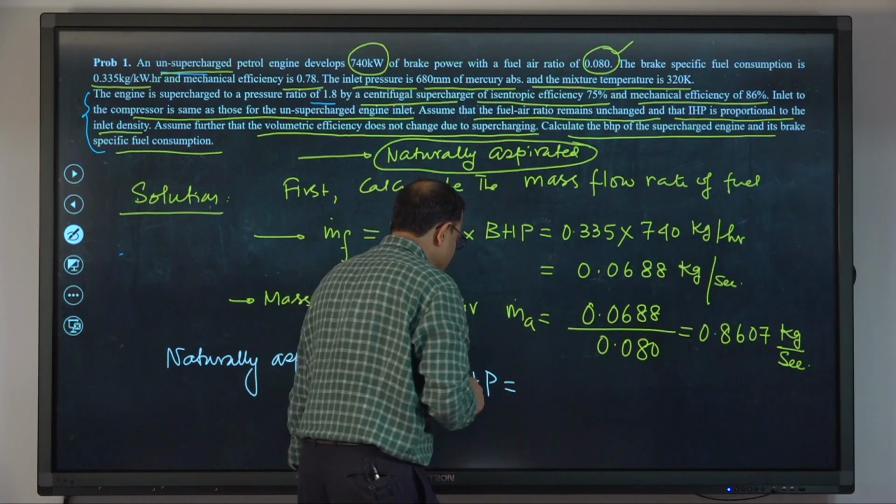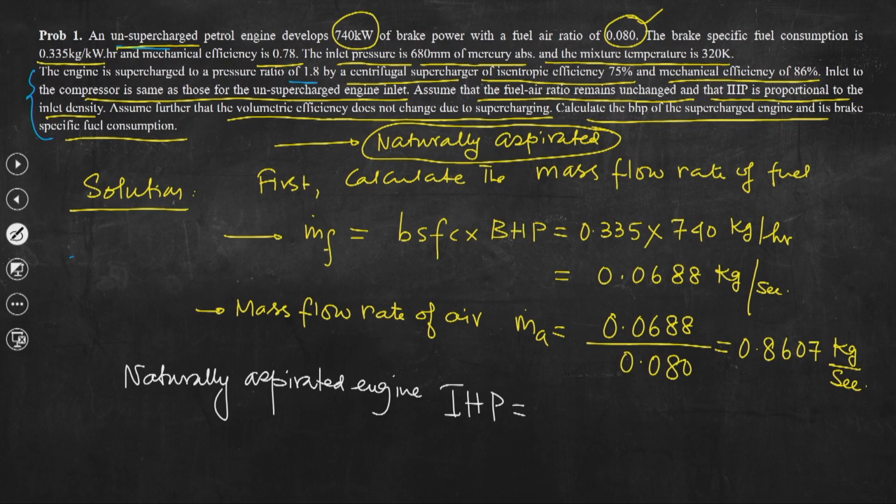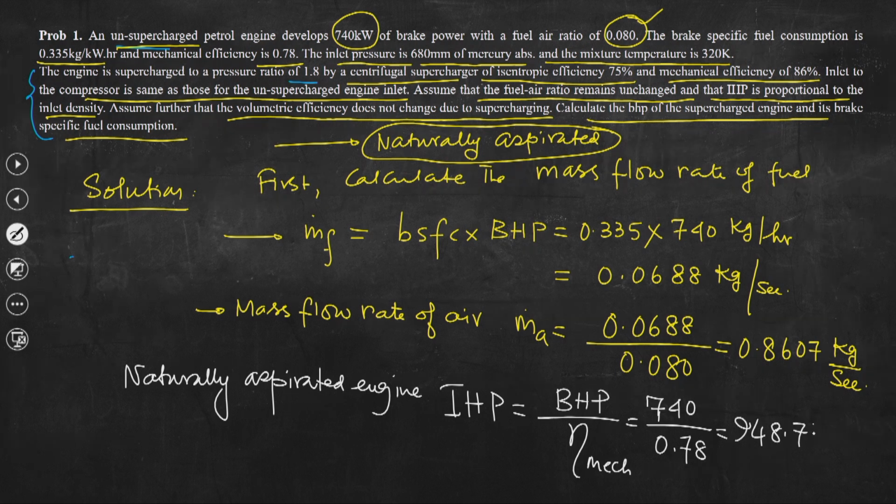So, IHP should be equal to brake horsepower BHP divided by eta mechanical, that is 740 divided by 0.78, and if we calculate it, it is coming as 948.71 kilowatt. So, this is the indicated horsepower for the naturally aspirated engine.